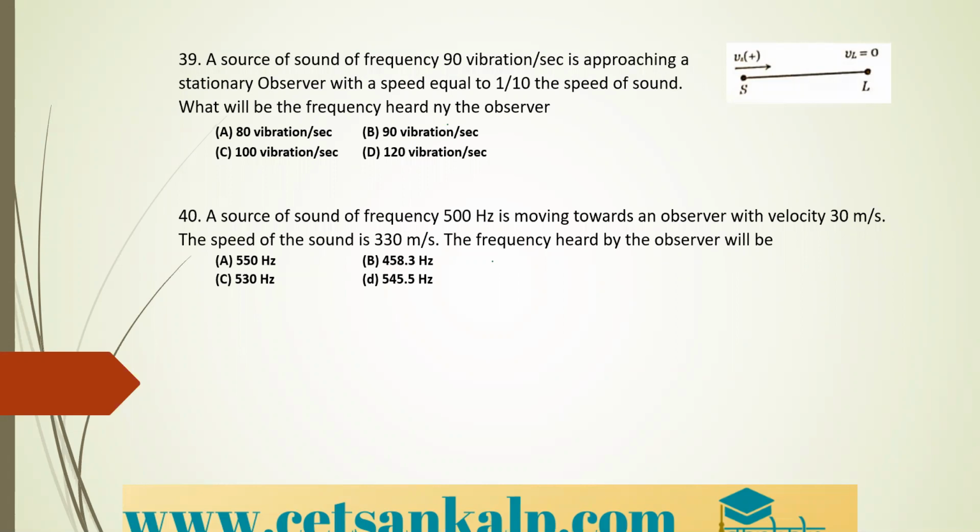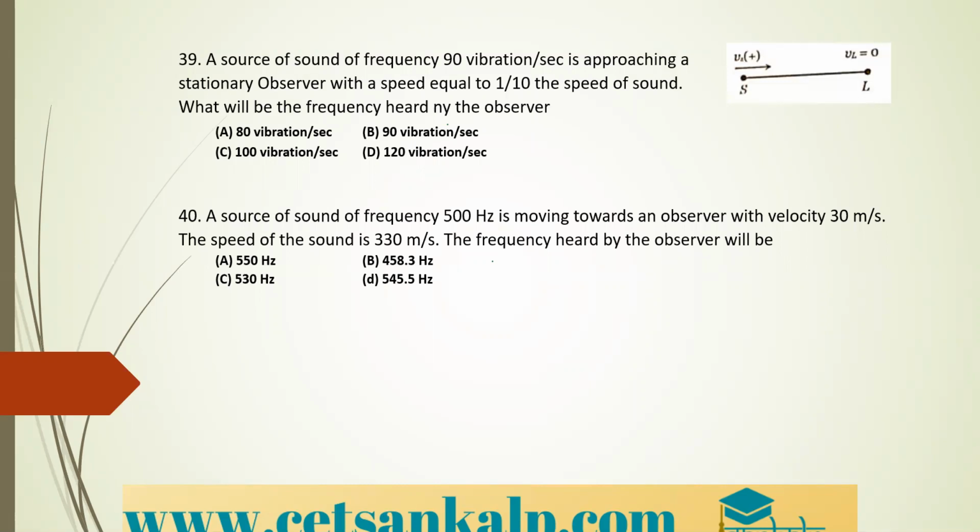So next question, these questions are based on our Doppler effect. I hope you remember the Doppler effect. The question is, a source of sound of frequency 90 vibrations per second is approaching a stationary observer.